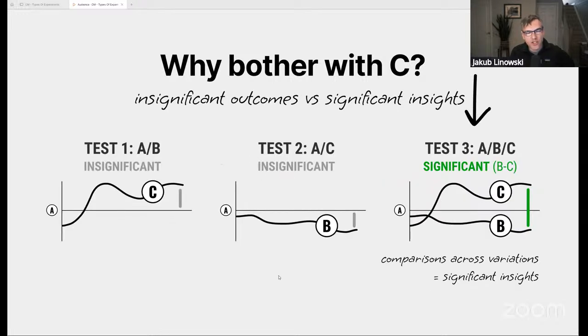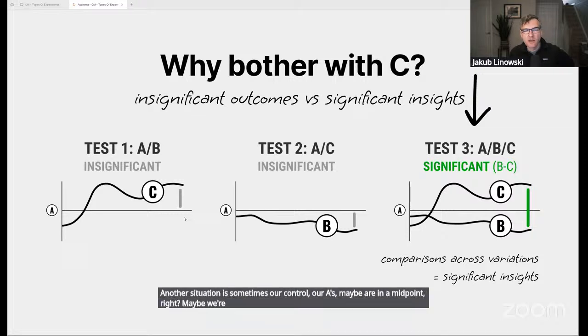Another situation is sometimes our control, our A, maybe is at a midpoint, right? Maybe we're doing something like a partial customer review or any kind of implementation in a mid state, kind of weak. It could be stronger, it could be weaker, right?